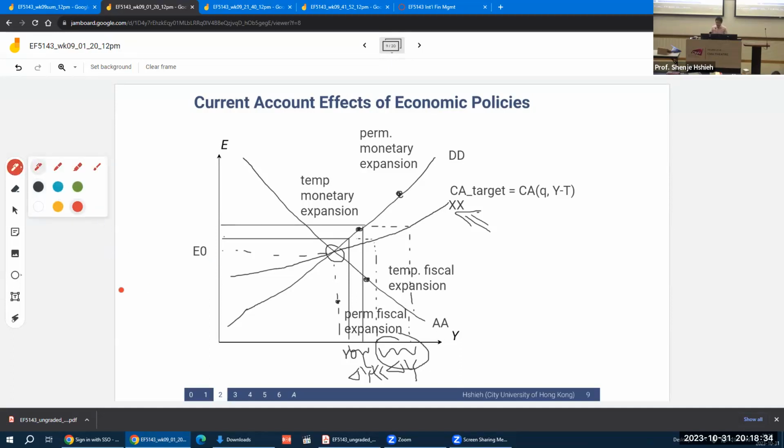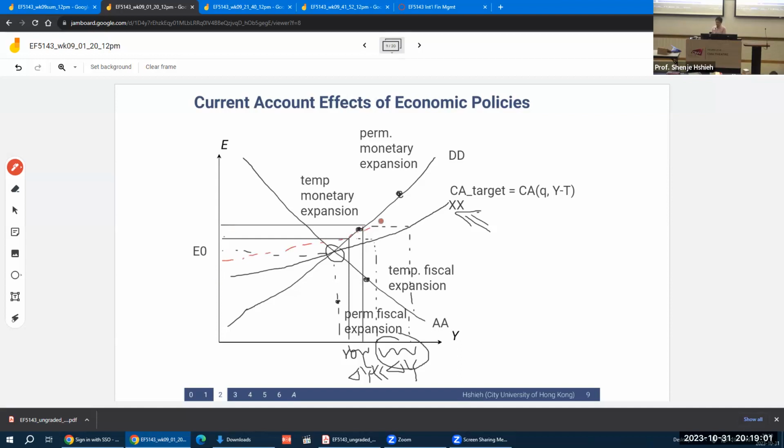Now let me use a different color because I have too much stuff here. So the point of this graph is to talk about a question I may ask in the final exam. So if I said the country were to shift the XX curve to a new target, an example would be here.